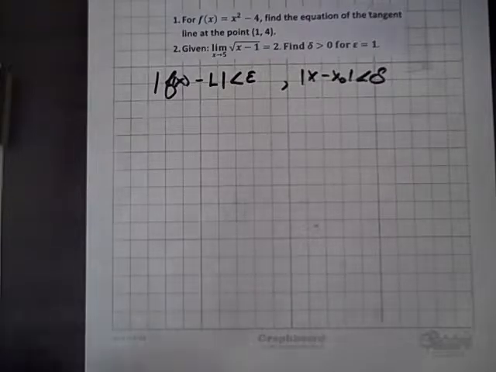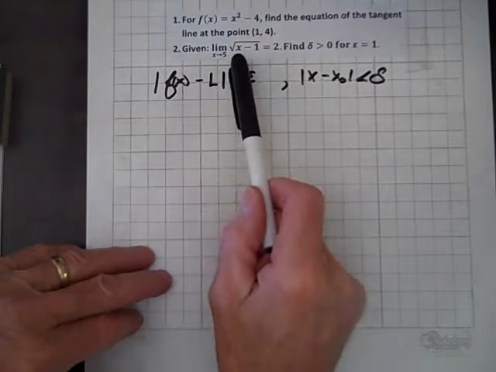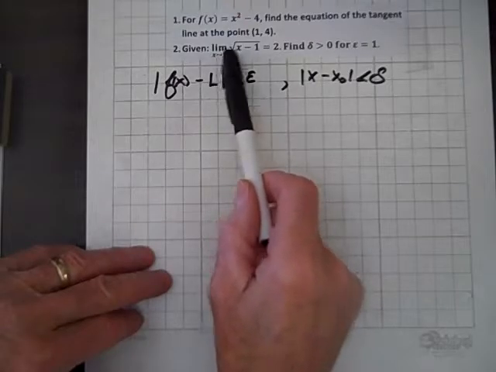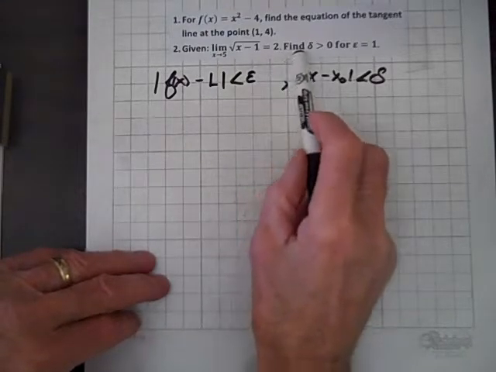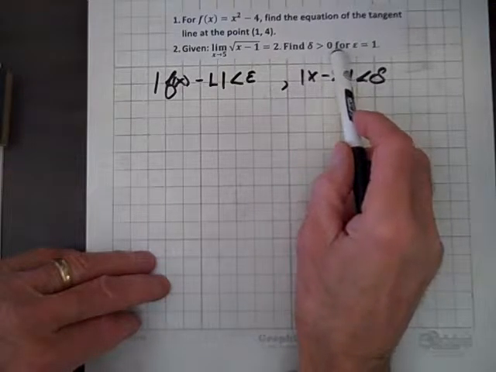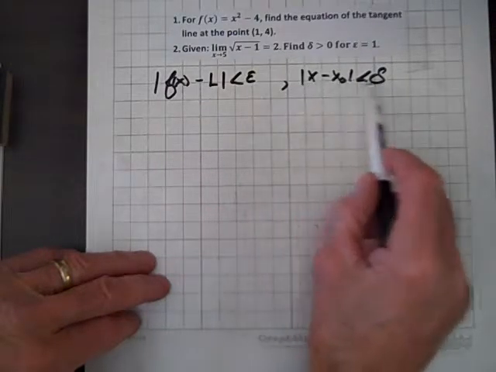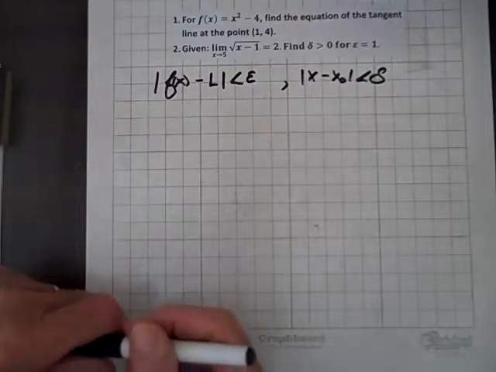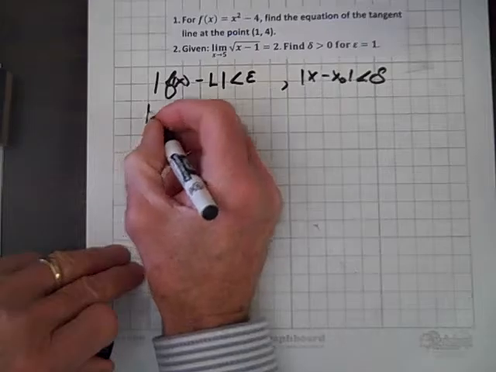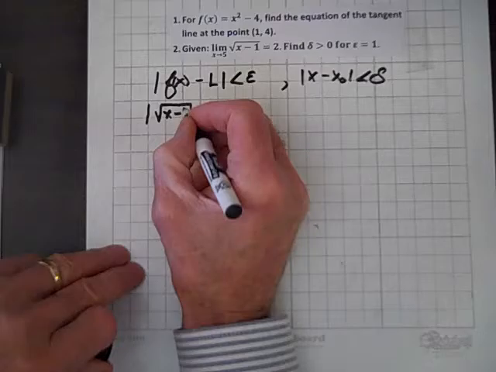So for the second question, we're given that the limit of the square root of the quantity x minus 1 as x goes to 5 equals 2, and we have to find delta, which is greater than 0, for an epsilon which equals 1, and we'll use these two inequalities to do so. The first thing we'll do is install f of x, and f of x is the square root of x minus 1.